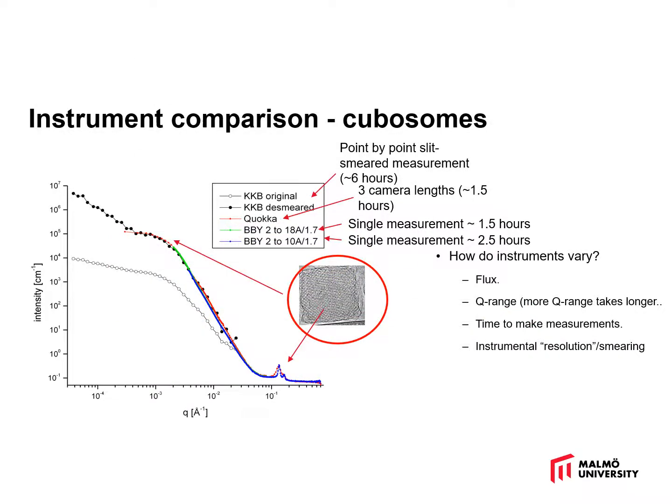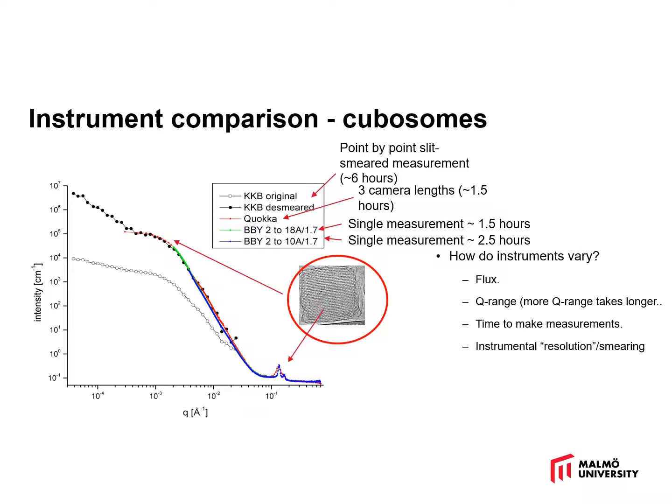So just to give this instrument conversation a little bit further context, what I've got here is data from 3 instruments. The Kookaburra USANS instrument, which is KKB, and you can see from the black dots the Q range that it spans. The data up the top is actually being de-smeared. The raw data is the empty circles, and you can see that you maybe get down to hundreds of nanometers, or even tens of nanometers in this case, which is a really good sample.